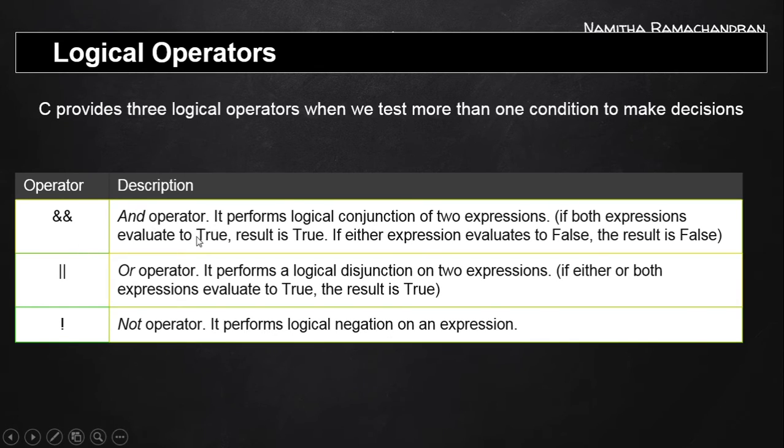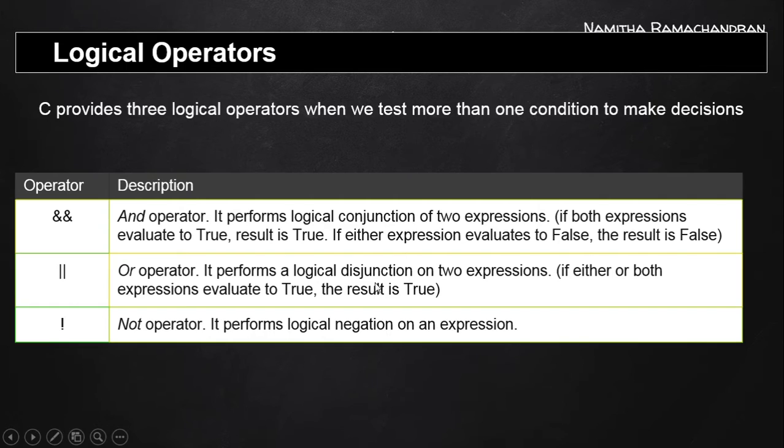That means the logical AND operator is used for combining two different condition checking statements. If any one of the two condition checking statements becomes false, then this logical AND operation returns a false value. If both expressions return a true value, then only this logical AND operation returns a true value. Right?